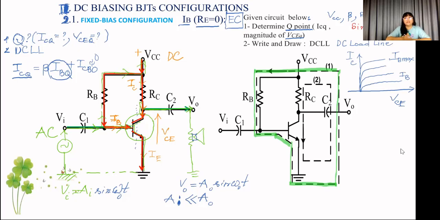This circuit we call an amplifier, right? And please answer me in your message. We have two kinds of energy in this circuit. Which kind of energy is more important? Please write in the message, please.